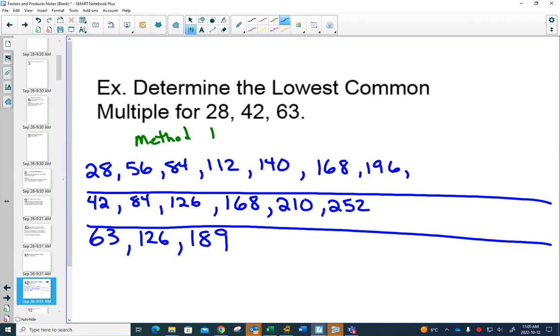It's 196. And then 28 would be 224, and 28 would be 252, and then 280. So most likely 252 matches. Okay, let's see if 63 is on here. Is it 252? 252.